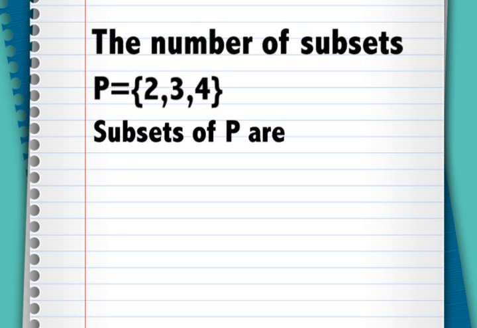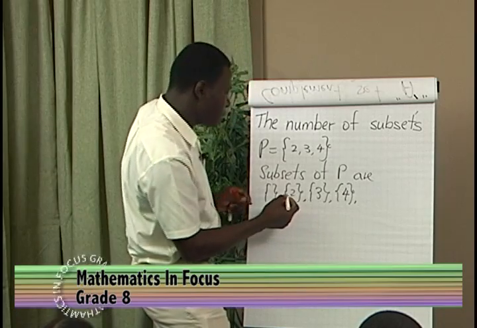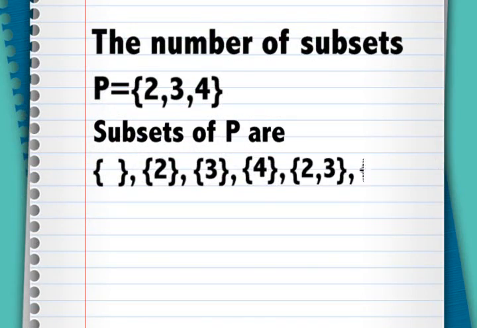Good. The empty set, the set with the element 2, the set with 3, the set with 4. Good. Now we're listing in pairs. 2 and 3, 2 and 4. Any other pair? 3 and 4, good.